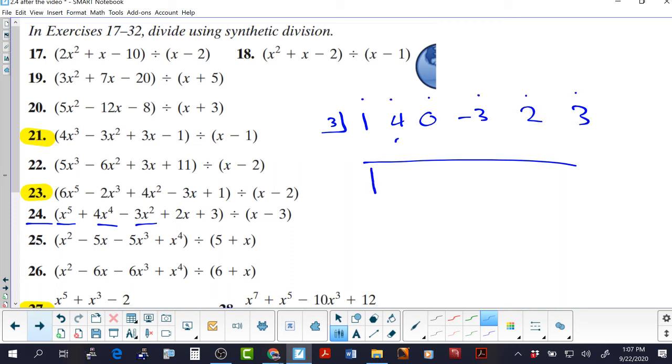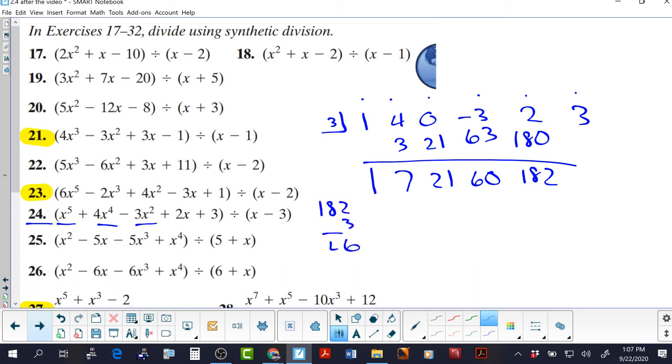Bring down the 1, 3. Add is 7, 21, 21, 63, 60, 180, 182. 182 times 3 is 546. So 549.